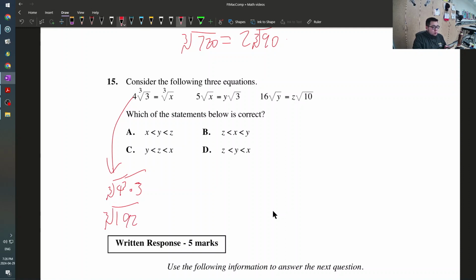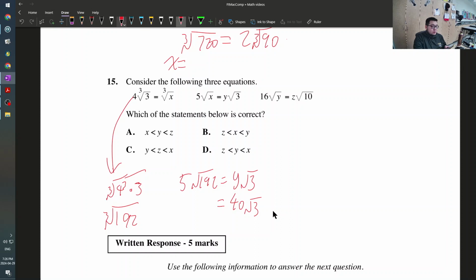Okay, now 5 root 192 is equal to y root 3. Just to simplify this, I get, I think it's 8. Yeah, so this is equal to 40 root 3. So y is equal to 40.